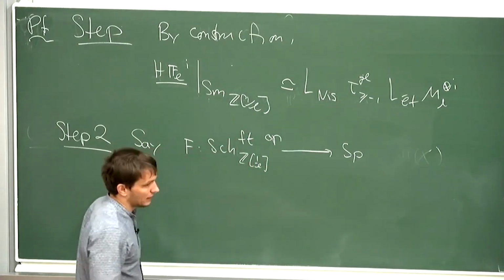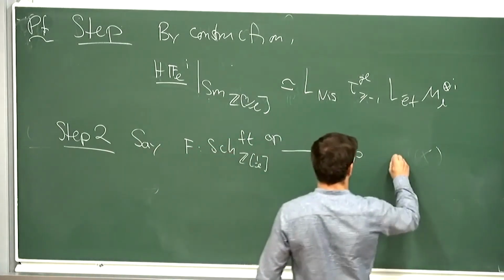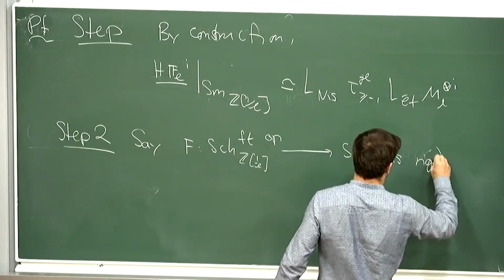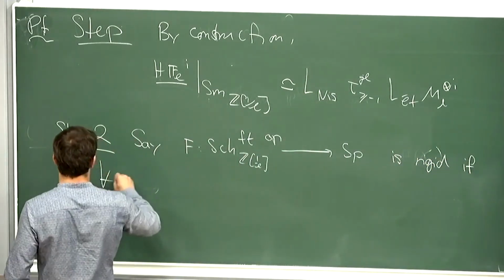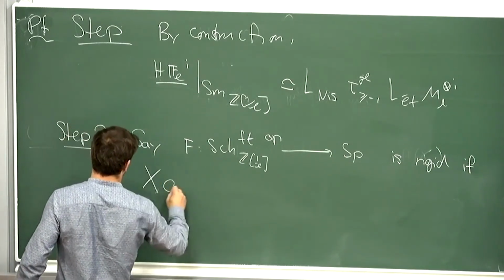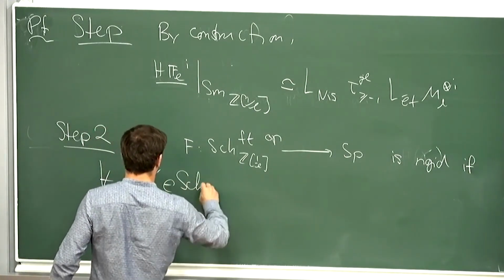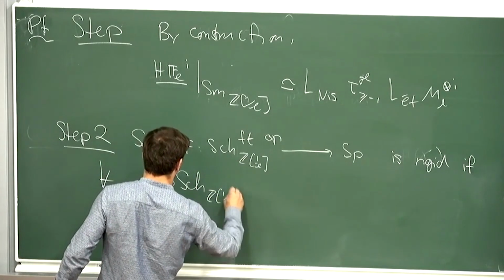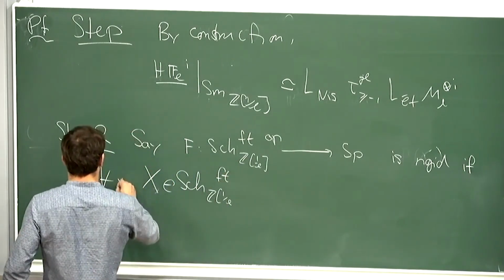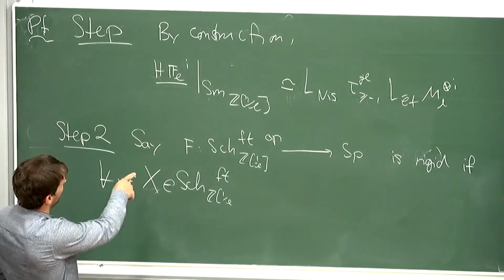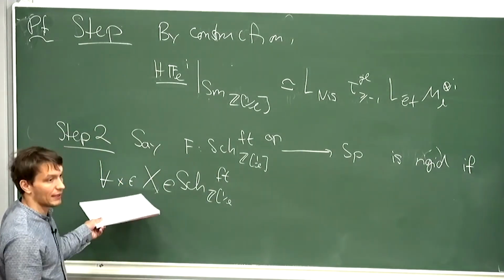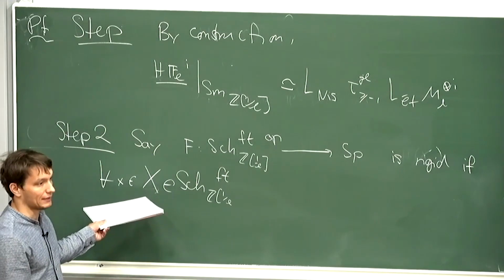And I will call this rigid if for every X one of these schemes, and x in there a point, what I want is that the value of F at the Henselian local scheme at that point is the same as the value on X itself.